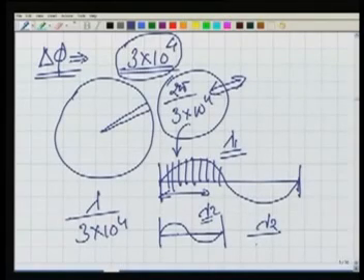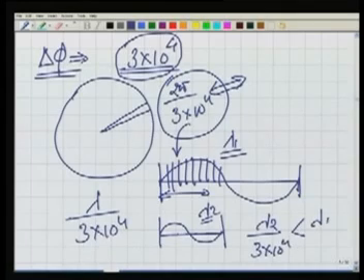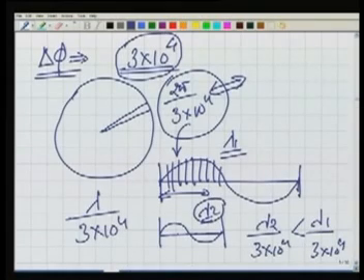Lambda 2 divided by 3 into 10 to the power 4 will be smaller than lambda 1 divided by 3 into 10 to the power 4. So, the least count in case of lambda 2 is finer. Our resolution of distance measurement is better.